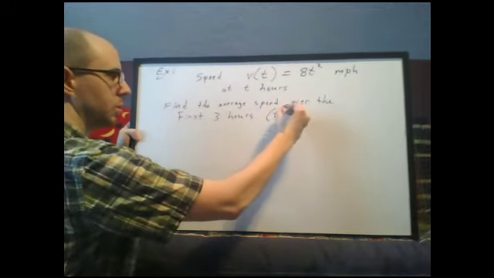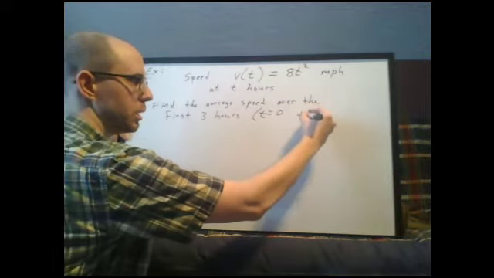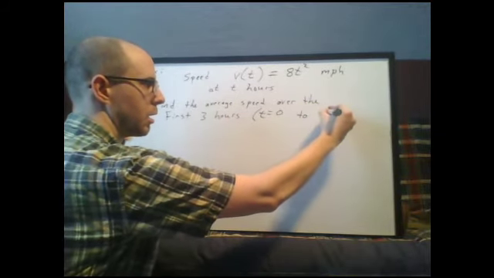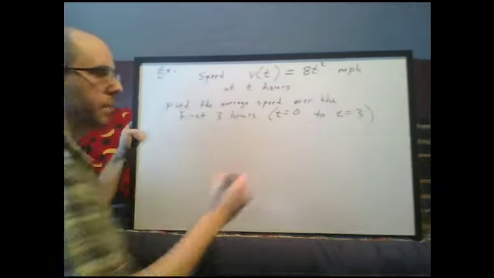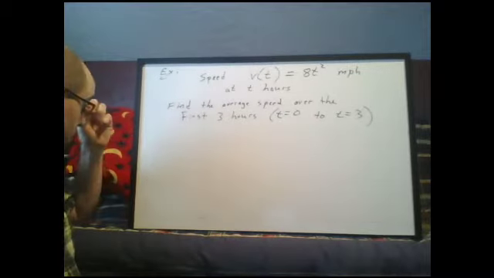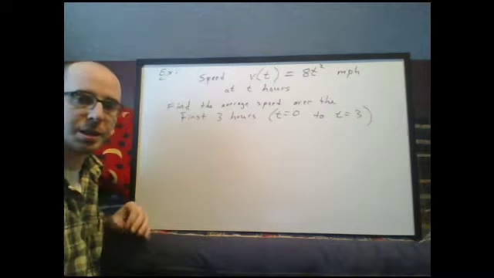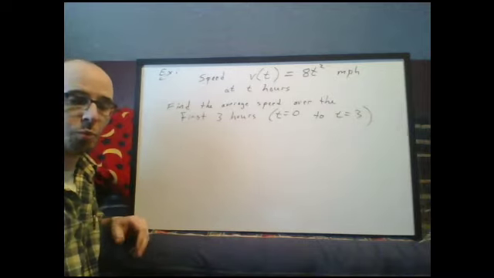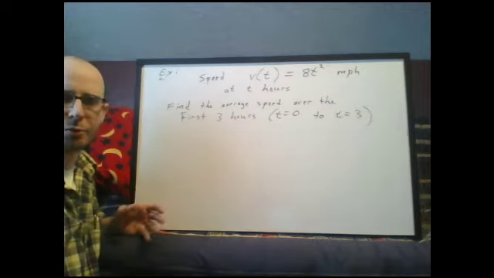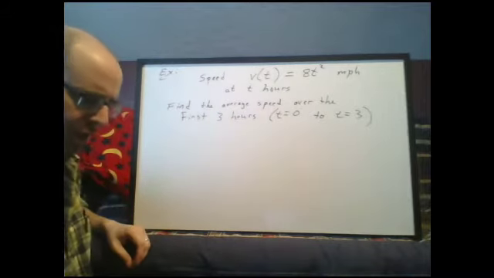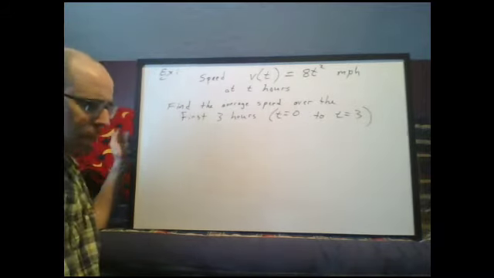So that's t equals 0 until t equals 3. Okay, now I could directly set this up according to the definition, but let me go through the steps of what it means, what the formula means, just to give you an alternate explanation for where it comes from.